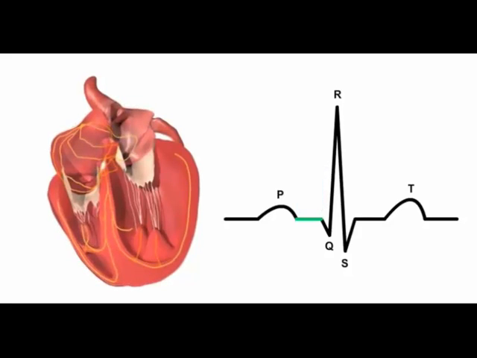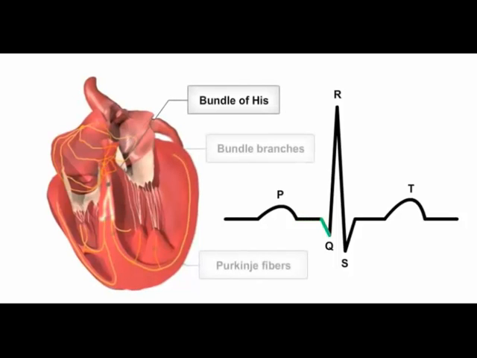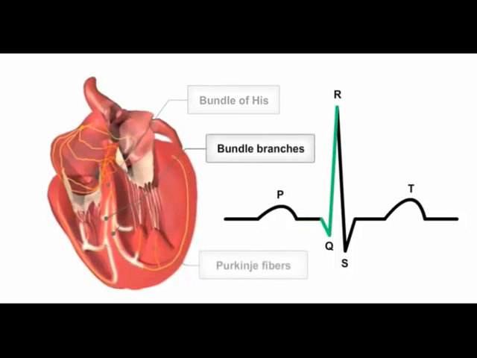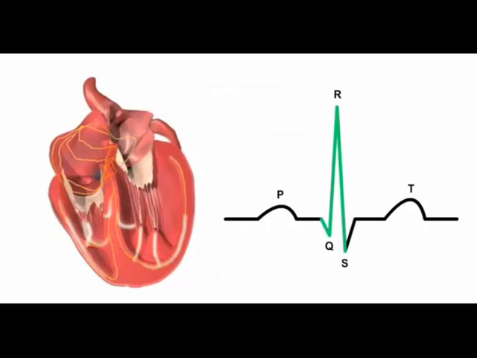When the signal leaves the atria, it enters the ventricles via the atrioventricular or AV node, located in the interatrial septum. It enters the bundle of His and spreads through the bundle branches and the large diameter Purkinje fibers along the ventricle walls.